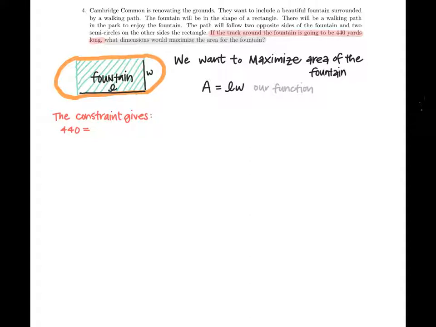Let's put those in. The next part has some subtlety to it. We have two semicircles, one on one side, one on the other. Together they do make a complete circle, even though my art doesn't necessarily indicate that would be the case. But we know that's going to be the total circumference of a circle.